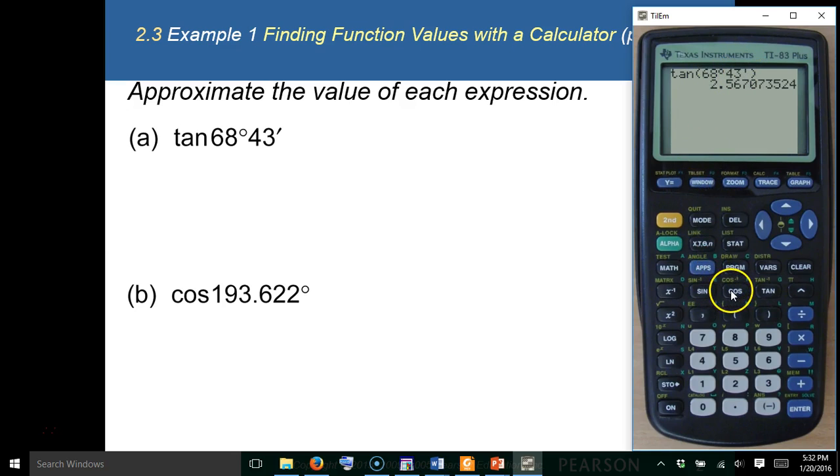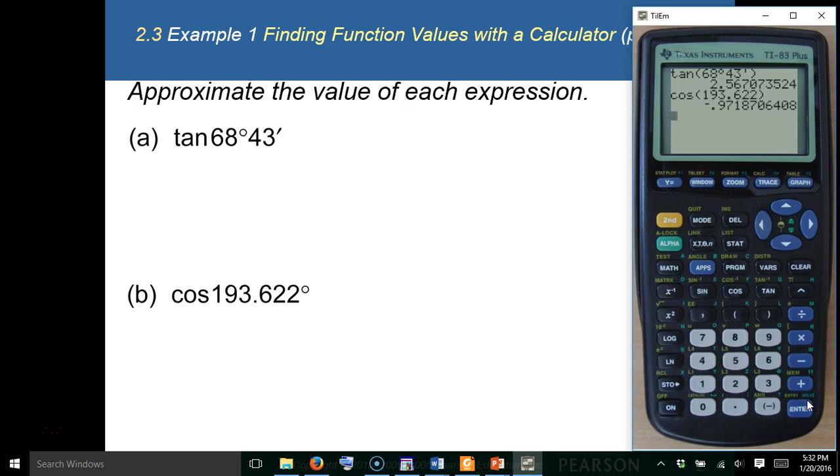All right, so plug in cosine of 193.622. Close the parentheses and hit enter.